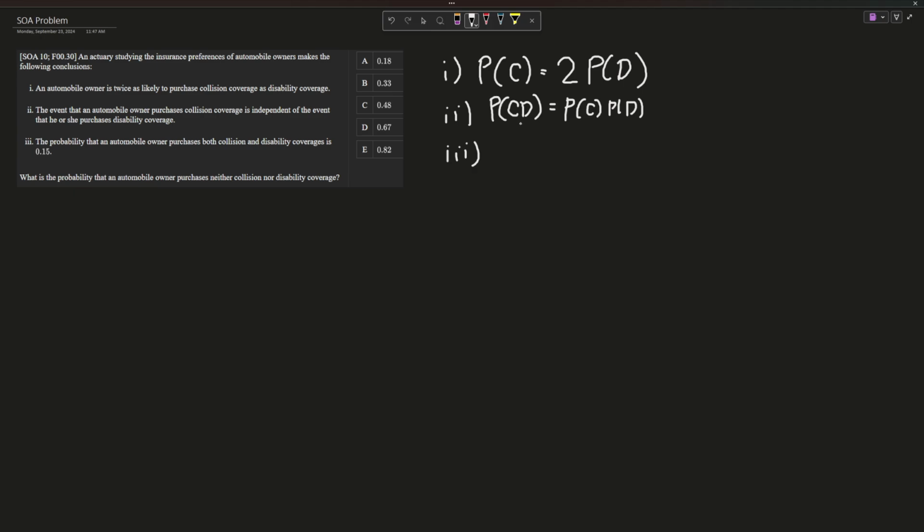I put these next to each other because this is the same thing as C intersection D. I just like putting it this way to simplify it a little more.